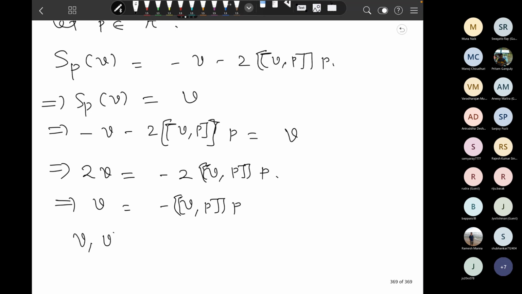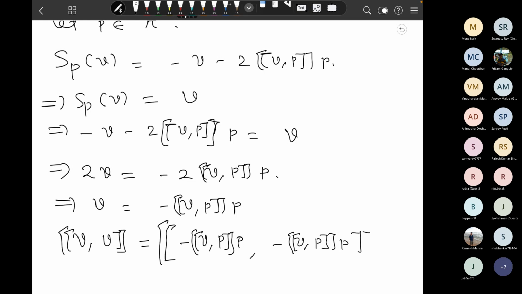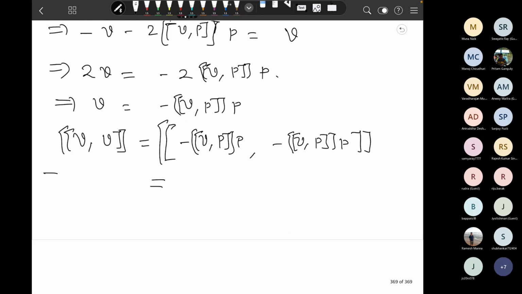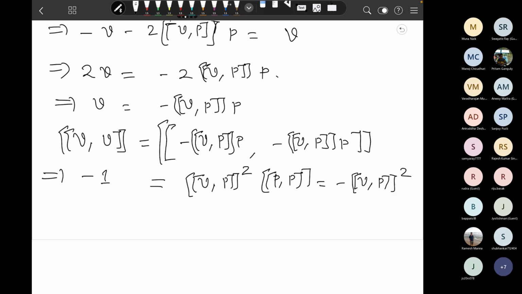Taking the bilinear product with P, the product of B and P is equal to minus the product of B and P minus 2 times the product of B and P times the product of P and P, and the product of P and P is minus 1. The terms in the product of B and P come from both sides, so the square of the product of B and P is equal to 1.